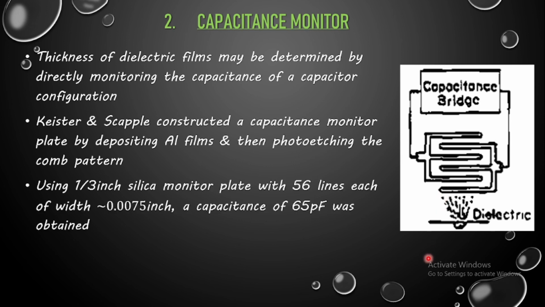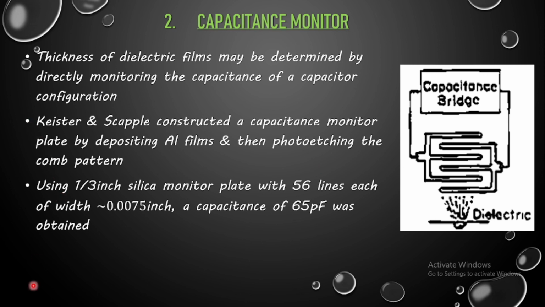Then using a 1/3 inch silica monitor plate with 56 lines having a width of approximately 0.0075 inch, a capacitance of approximately 65 picofarad was obtained. That is using the setup which was designed by Keister and Skipple.